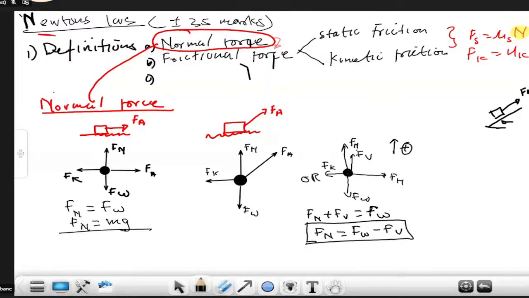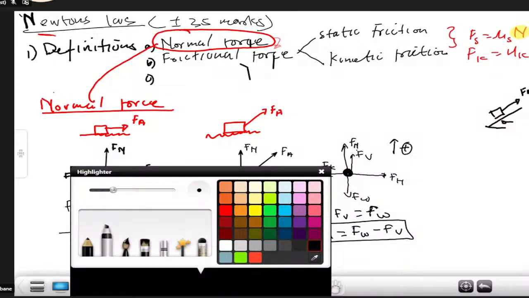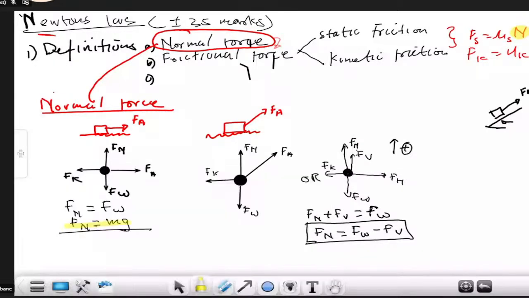Hence, I said the Fn will forever change and depend on the information that is given. It is not always equal to mg. It changes per the expression that we have per free body diagram.